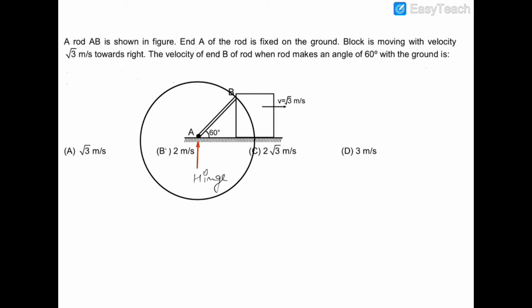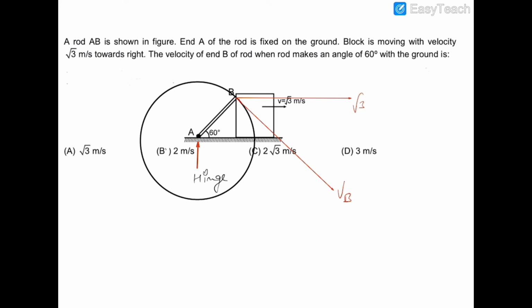Now the velocity of the tip of the rod at point B will be along the tangential direction, along this. Let's suppose this velocity to be VB, and the velocity of that block is this, which is already given as root 3.